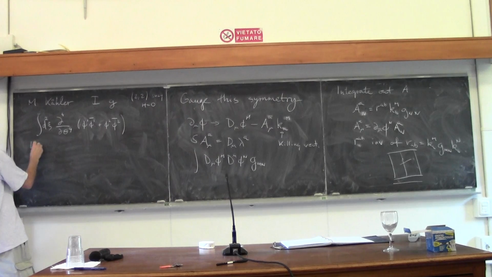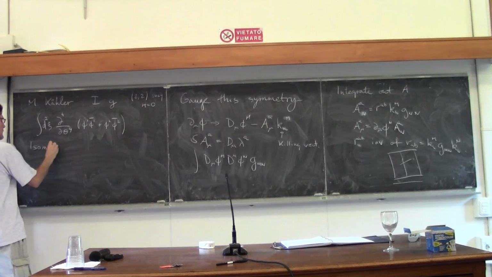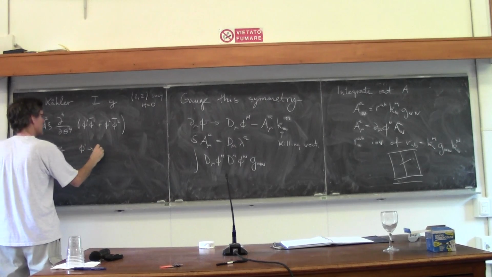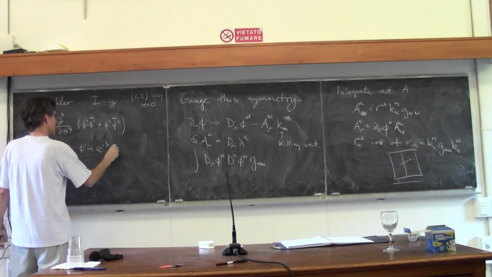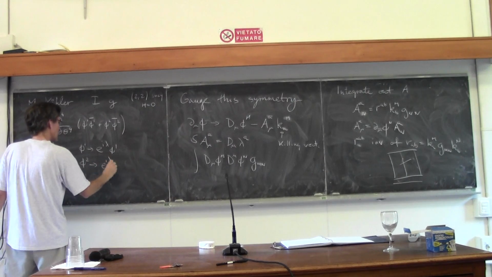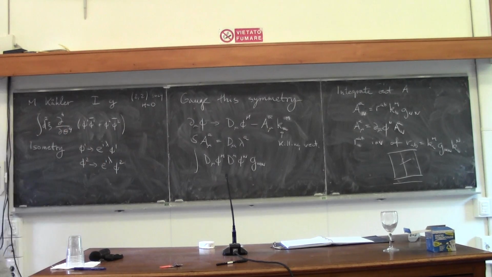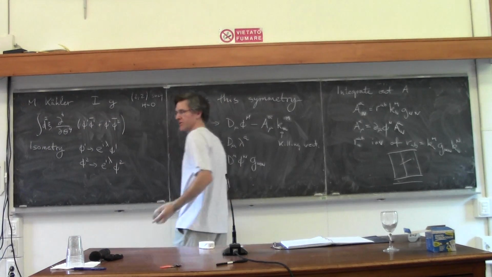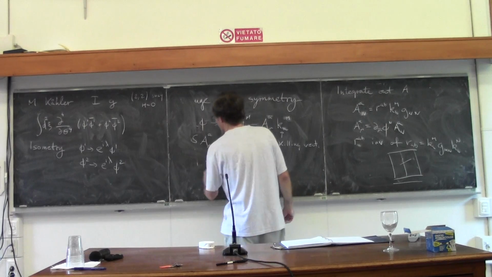So here's an isometry. And the complex conjugate, the superfields transform into the complex conjugate transformation. So they both have the same charge under a U1 group.